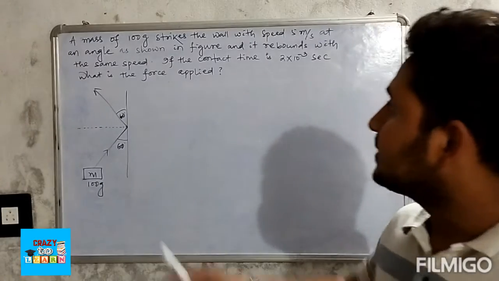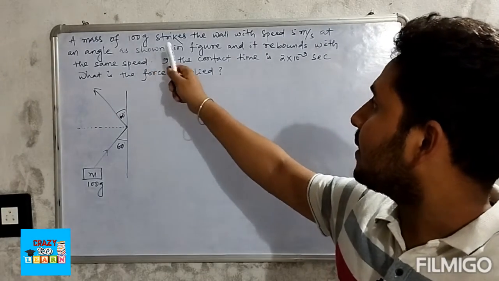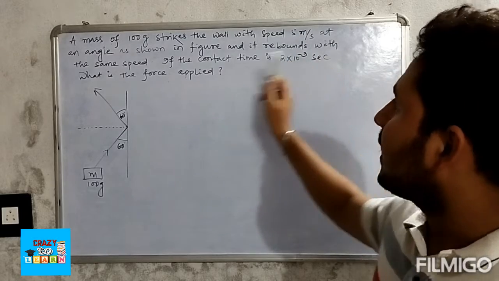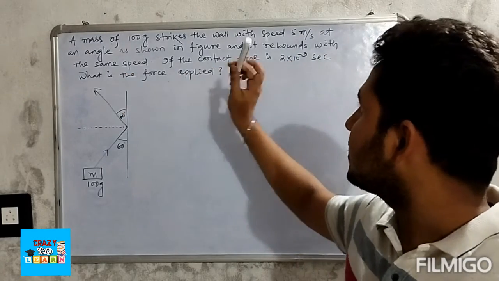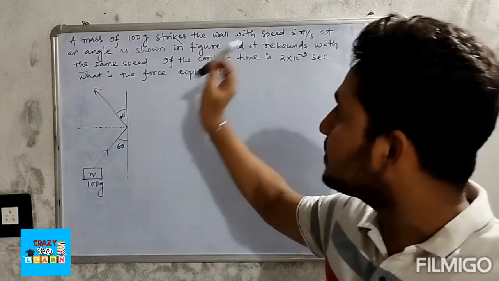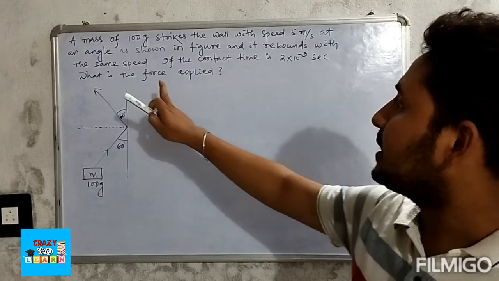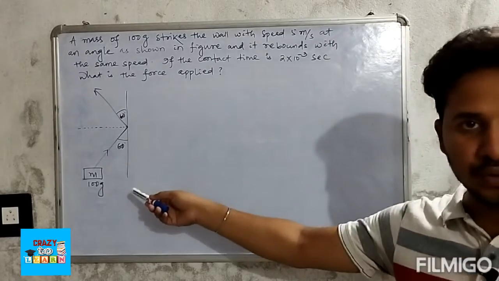Our next problem: a mass of 100 gram strikes the wall with speed 5 meter per second at an angle as shown in the figure, and it rebounds with the same speed. If the contact time is 2 into 10 to the power minus 3 seconds, what is the force applied? The figure is given to you.